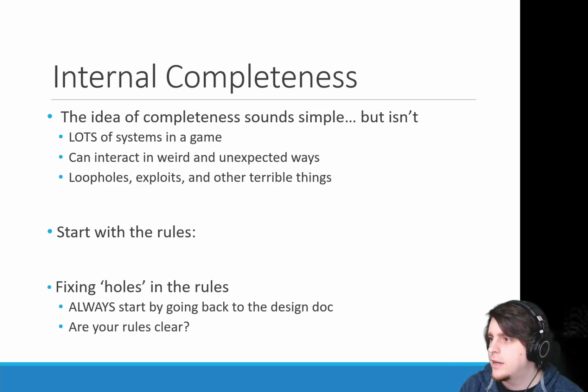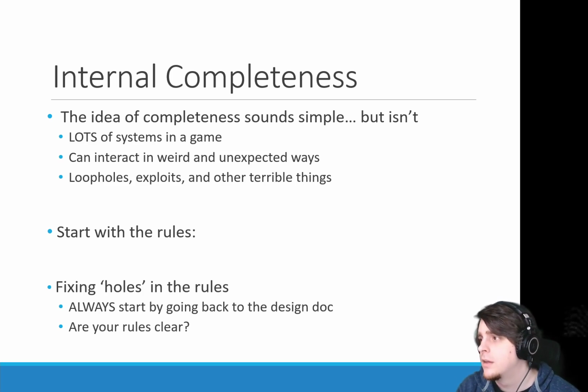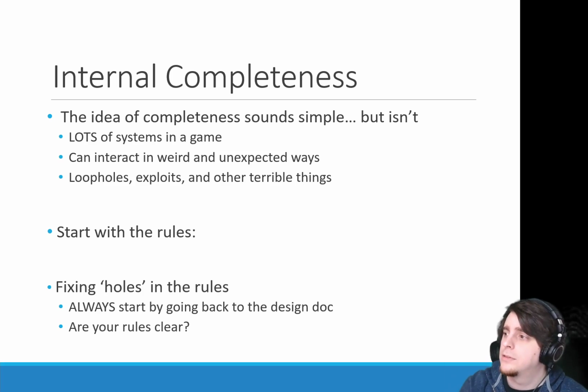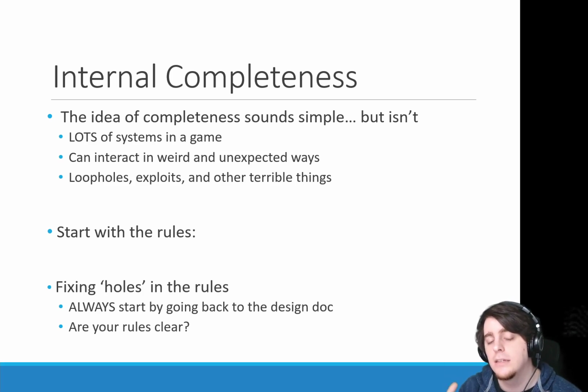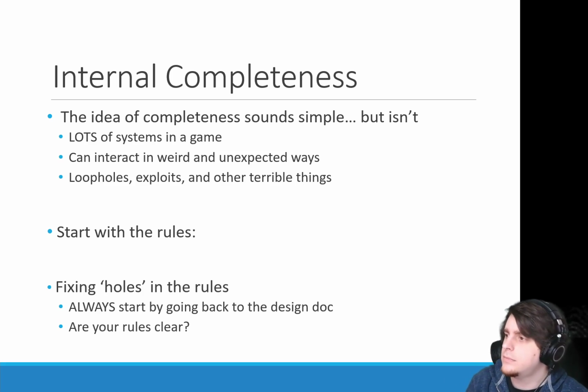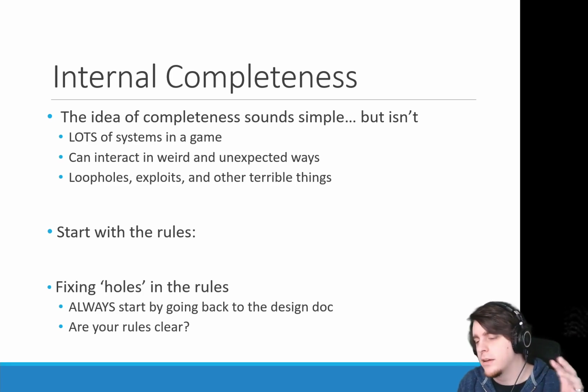Go back to your design doc, think about, okay, are the rules clear for this scenario? Are the rules clear for this system and how this system interacts? And that's going to help you start on the path to finding out what exactly is causing this problem, or what exactly is causing this strange and weird interaction. And then, of course, cleaning those up brings you closer and closer to completeness, your finished product.